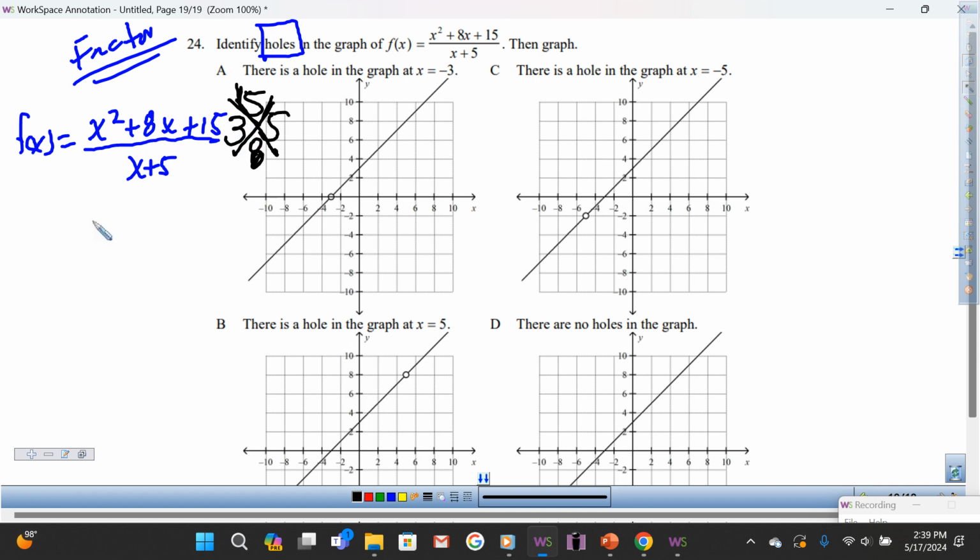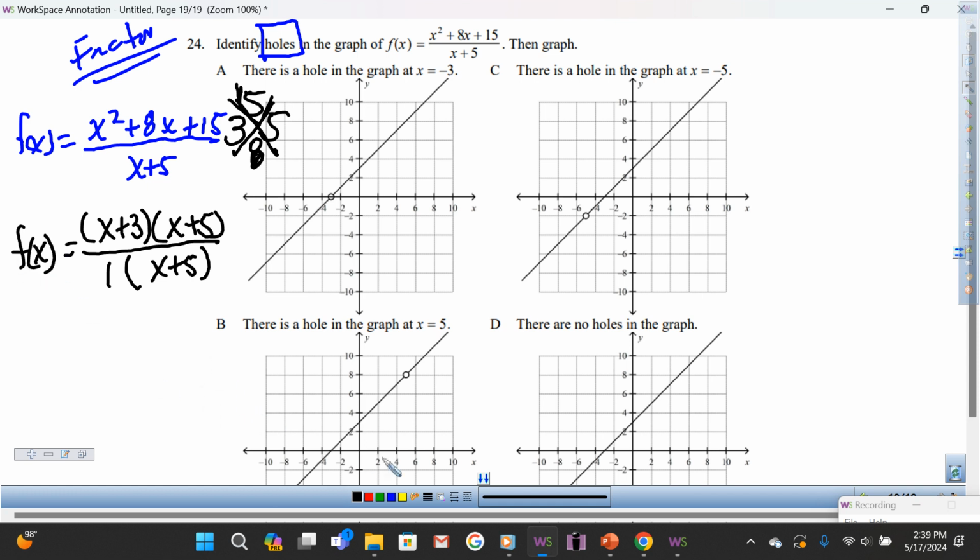So my numerator is (x plus 3)(x plus 5). The denominator, how can we write that? If there is no other factor other than 1, what's another way of writing that? 1 times (x plus 5). That is correct. All that equal to f of x.